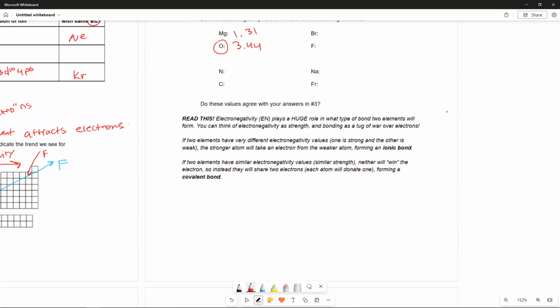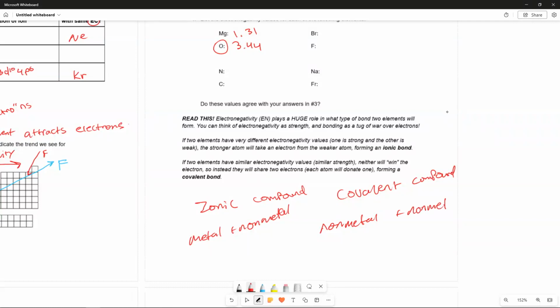And giving a little refresher, ionic is metal plus metal, or metal plus non-metal, and covalent, this is for compounds, by the way, covalent compound is going to be a non-metal plus non-metal. All right, and that's all you need to know. Good stuff.